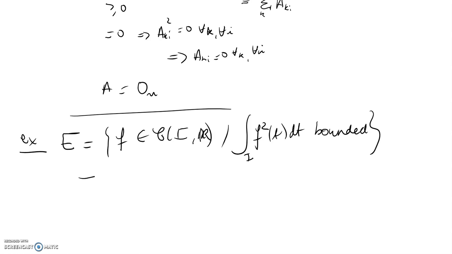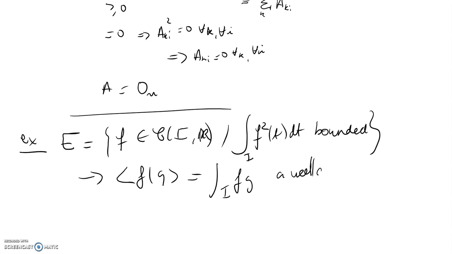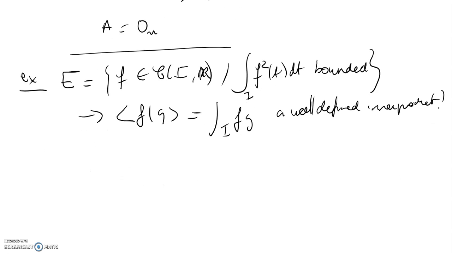Do we have that this definition is also a well-defined inner product? Okay, so that's interesting. You should try that example. There are a lot of things that are similar to what we wrote earlier, but yeah, try this one.